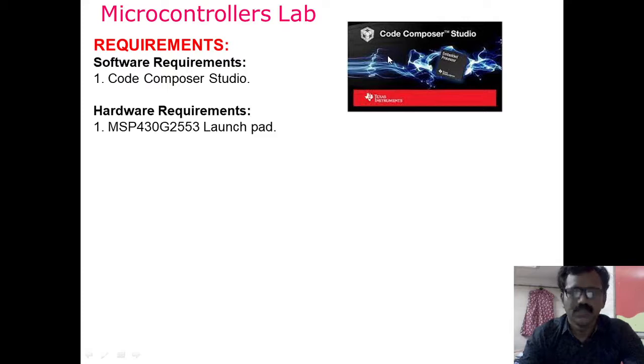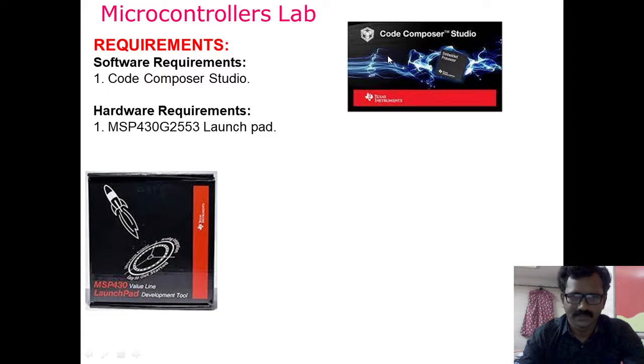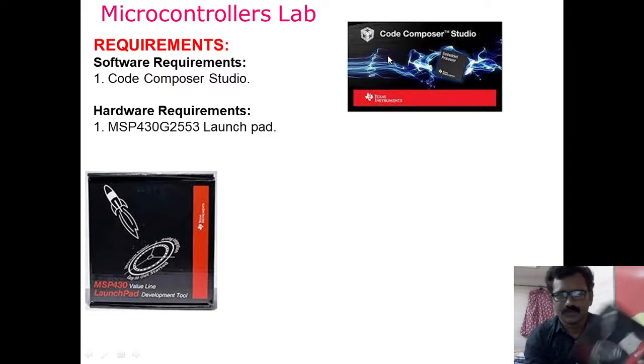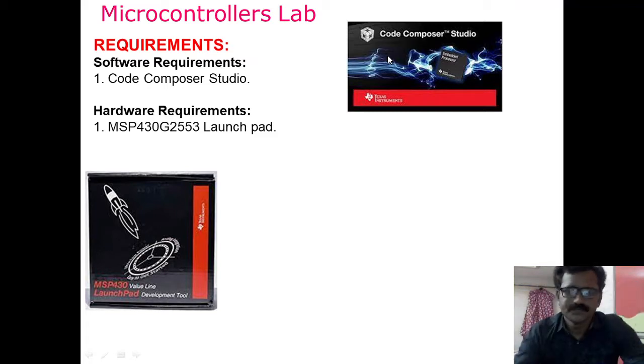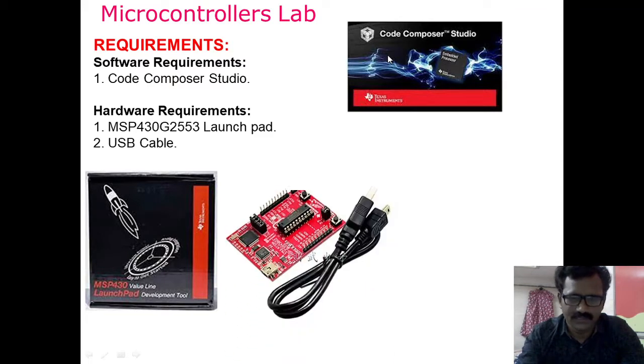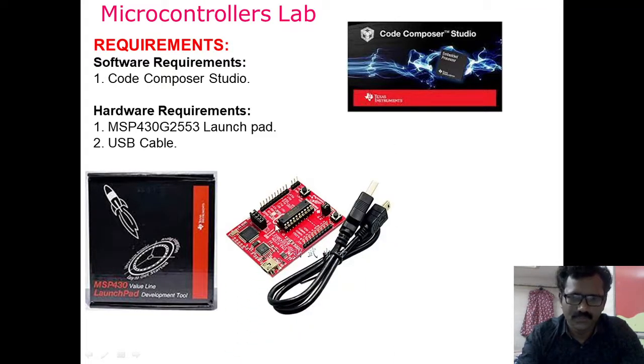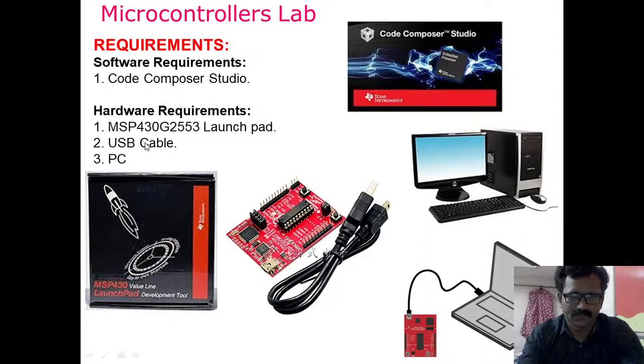For the hardware, we need the MSP430 G2553 LaunchPad. It looks like this, a top view, and you can also see it here. This is the kit, and inside this kit we have the microcontroller board and a USB cable. The USB cable is required to connect the microcontroller with the PC, our personal computer or laptop.